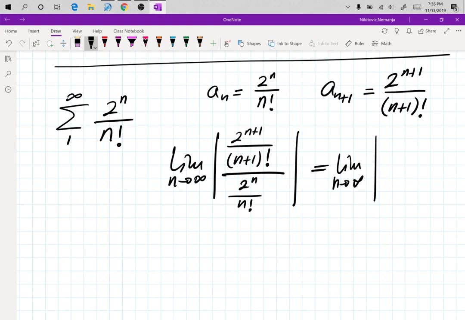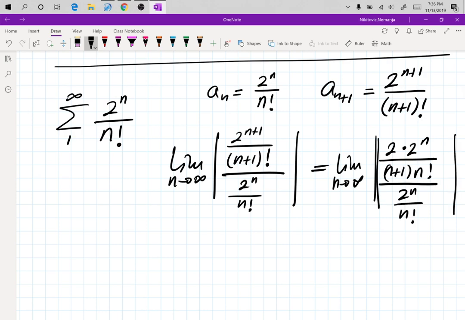So we have 2 times 2 to the n divided by (n plus 1) times n factorial, divided by 2 to the n over n factorial. And now you can take the double fraction and write it as a multiplication when you flip the denominator, right?